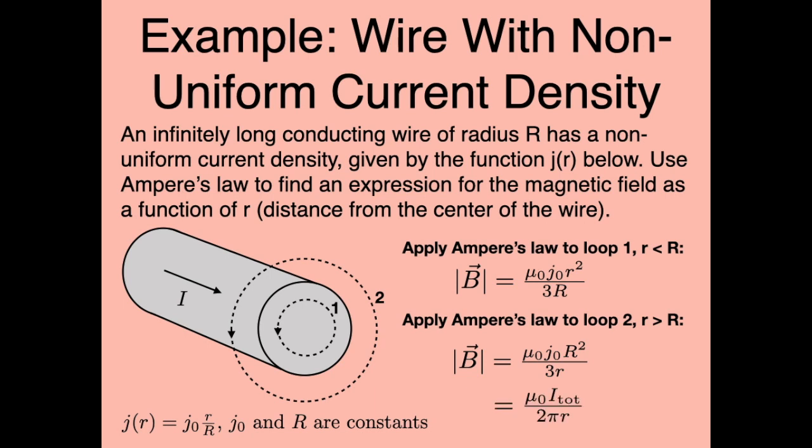And we can actually rewrite this as mu naught times I total, that would just be the total current in the wire, divided by 2 pi times little r. And if you notice, that expression right there is just our expression for the magnetic field from a thin wire. So what this is telling us is as long as we're outside of the wire, it just looks like what we're familiar with, the magnetic field from a thin wire.